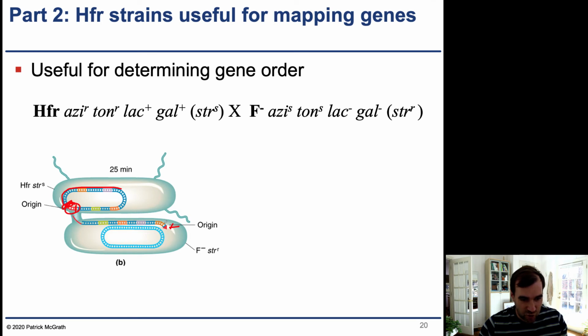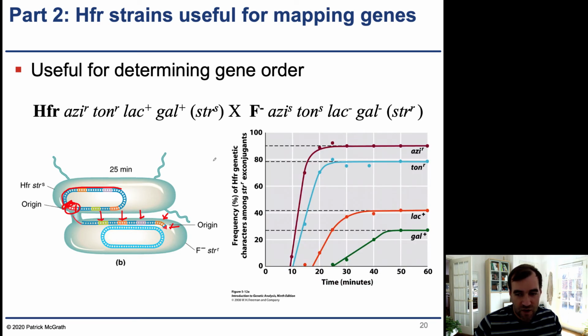So you'll see this orange gene gets transferred first, then the purple, then the orange, and then the green. So in time order, this is the first gene that gets transferred, this is the second, this is the third, and this is the fourth.